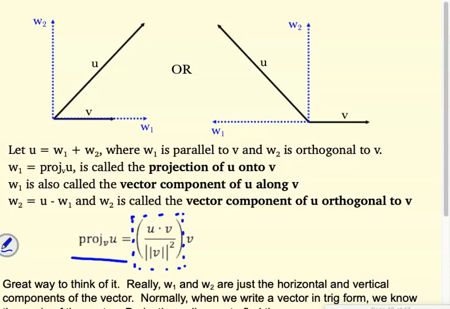It's in the right direction. All we need to do is change its length somehow to create that projection of U down onto this vector. So really what this formula gives you is a scalar multiple of your vector V, to say, hey, we want what U's component is onto V. You use this formula and you're just multiplying the length of V to create that W sub 1.